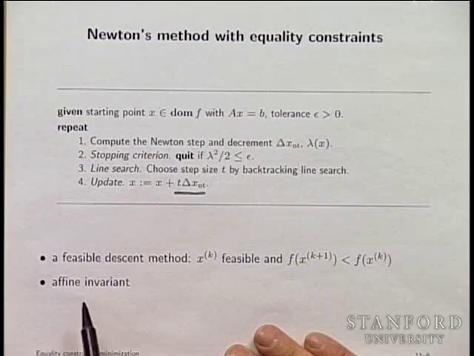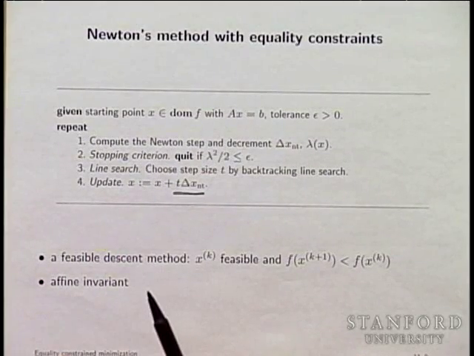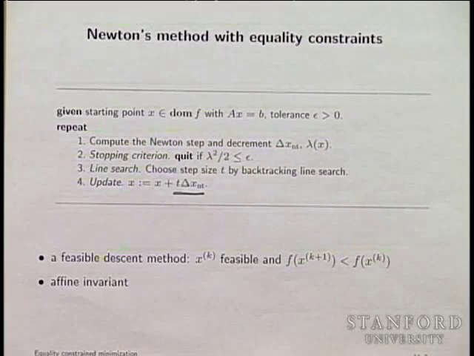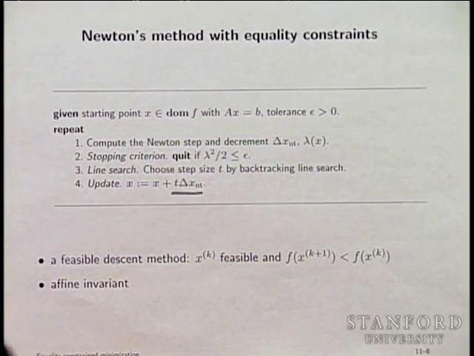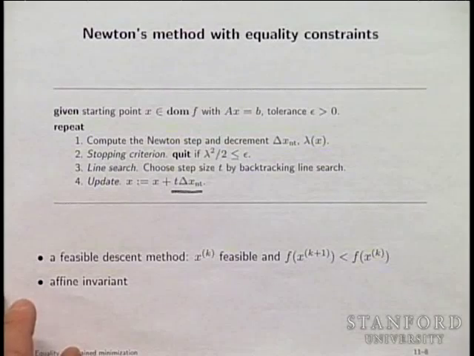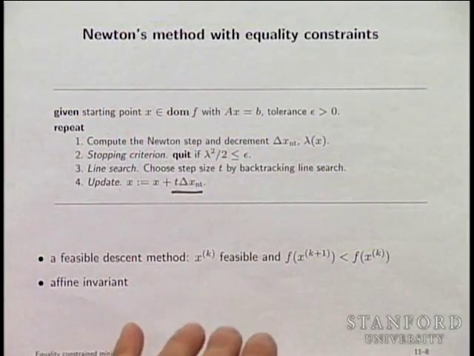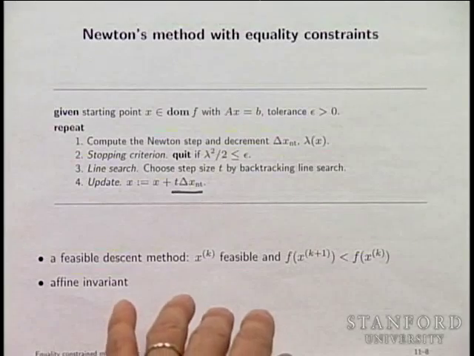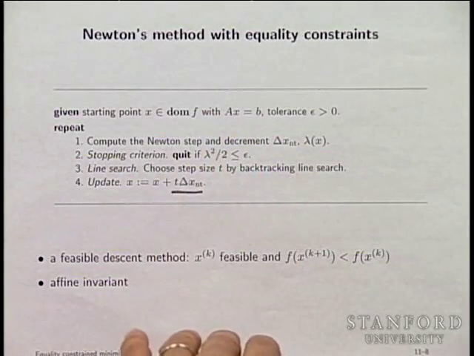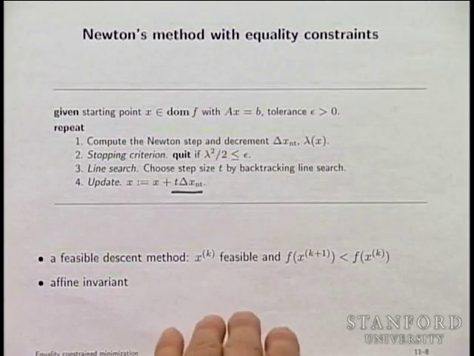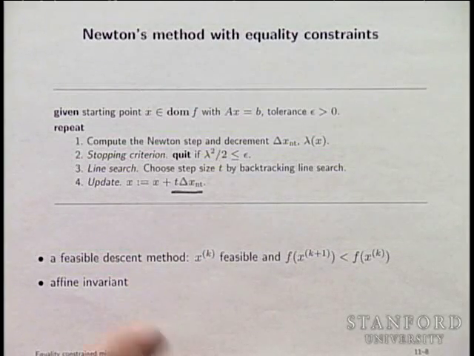Okay. Now this method is affine invariant. That's easy to show. If you change coordinates, you generate exactly the same iterate. So you get a commutative diagram there. It has all the features you'd expect to see of Newton's method, which is this affine invariance. What's interesting about it is, in fact, this is identical to applying unconstrained Newton's method after you use elimination of variables, linear elimination of variables.